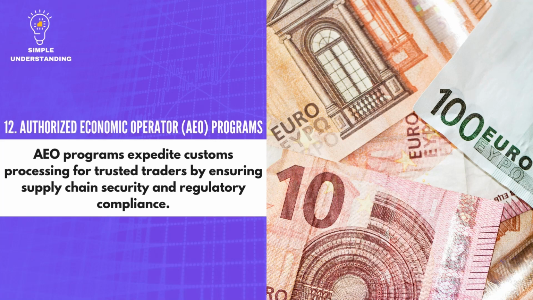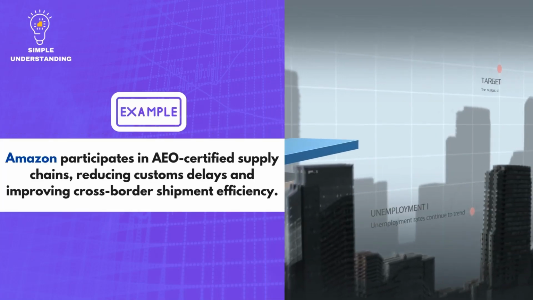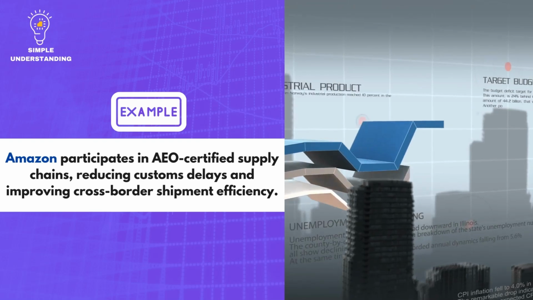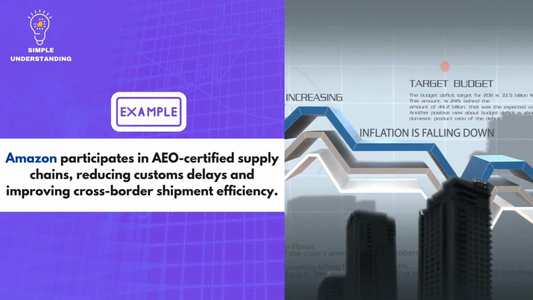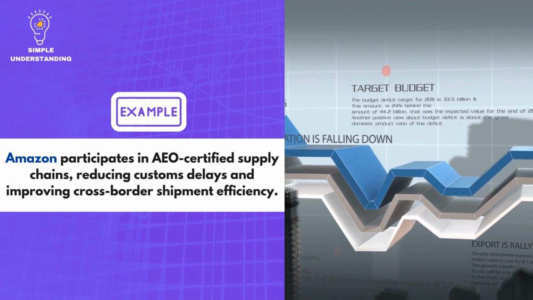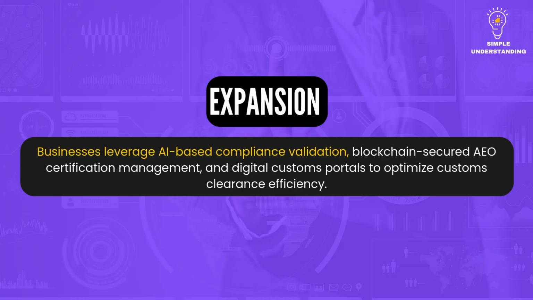Explanation. AEO programs expedite customs processing for trusted traders by ensuring supply chain security and regulatory compliance. Real company example. Amazon participates in AEO-certified supply chains, reducing customs delays and improving cross-border shipment efficiency. Expansion.